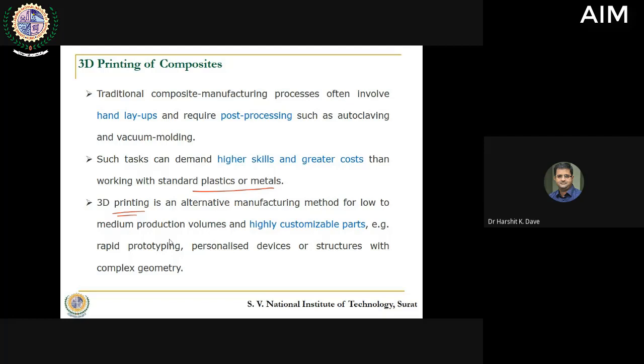So in cases where we need rapid prototyping for preparing prototypes, or when we need to make personalized devices or structures which usually have complex geometry and which may not be possible to fabricate even by the traditional composite manufacturing processes, 3D printing comes as a handy tool to fabricate such components.